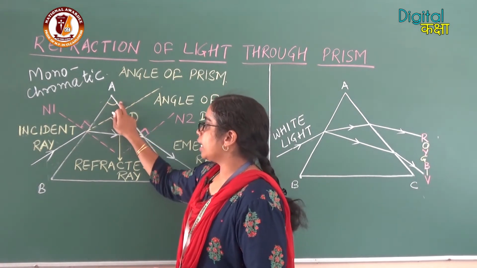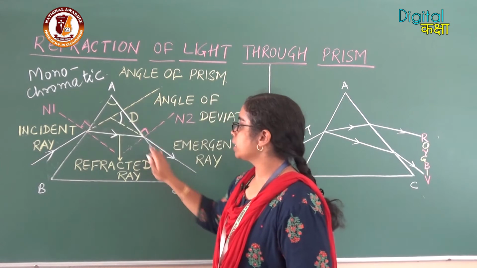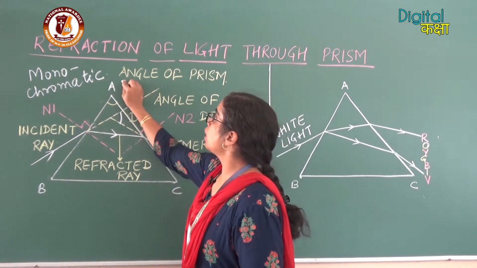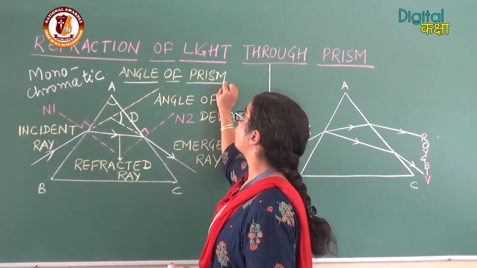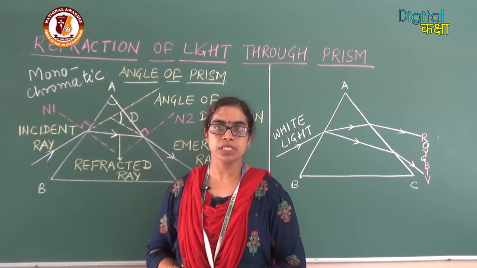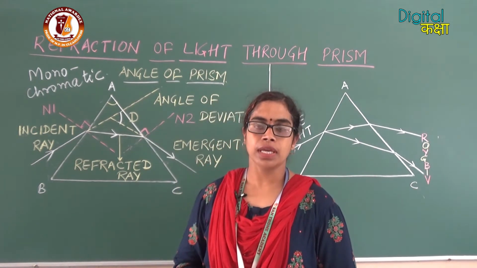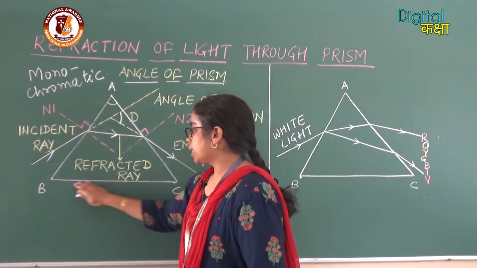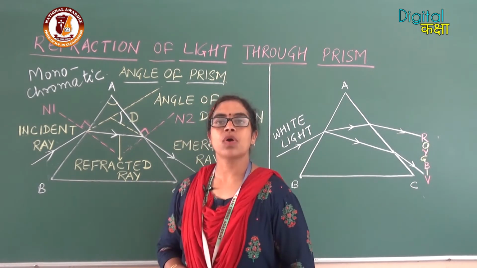The angle A, where these two refracting surfaces are meeting, is called the angle of prism. In case of an equilateral triangle prism, this value of angle A is equal to 60 degrees. BC is called the base of the prism.